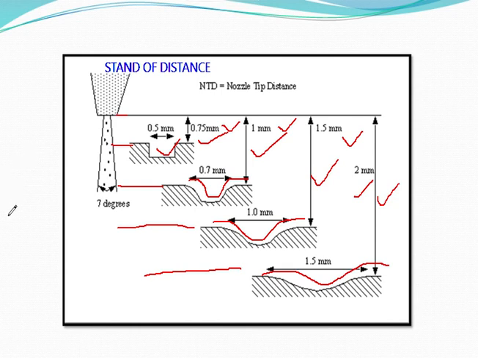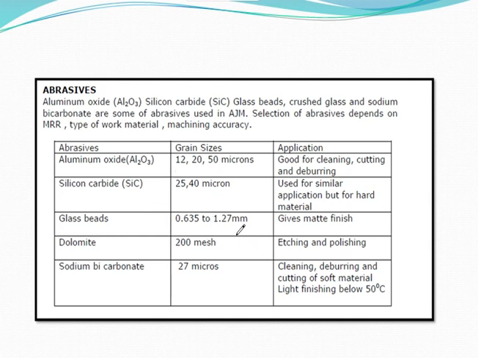Now let's move to the next slide. These are the various abrasive particles that we have already discussed. If I want to have a very good cleaning or cutting and deburring, what type of abrasive should we use?